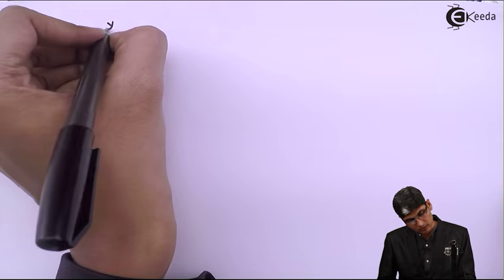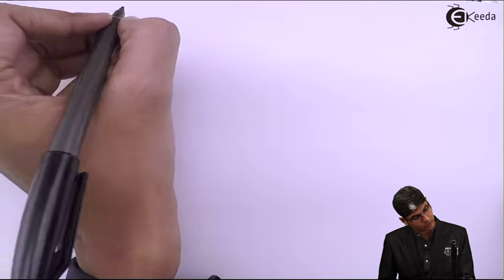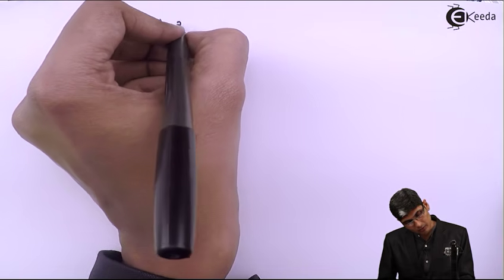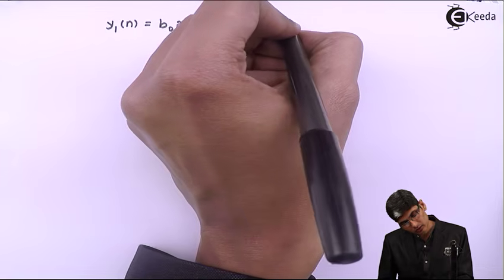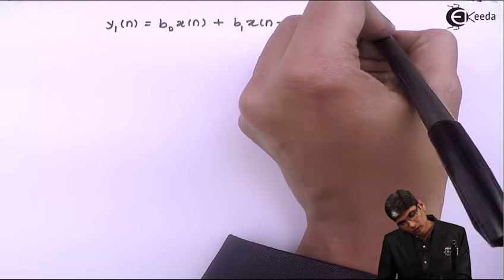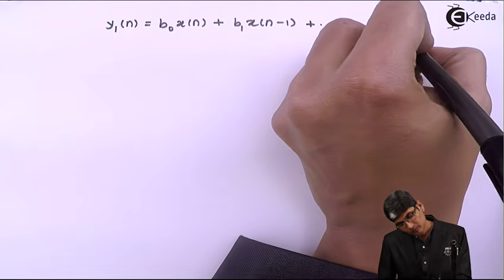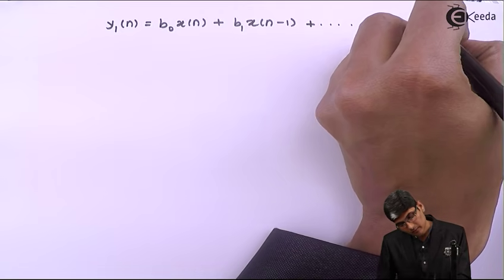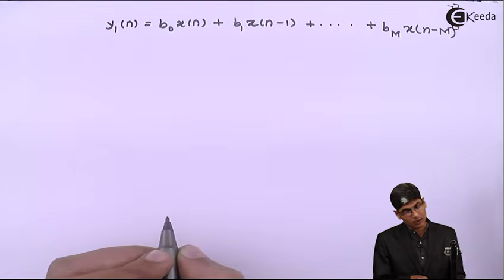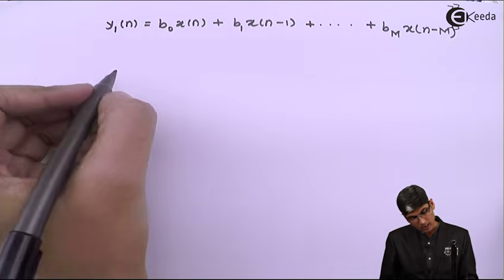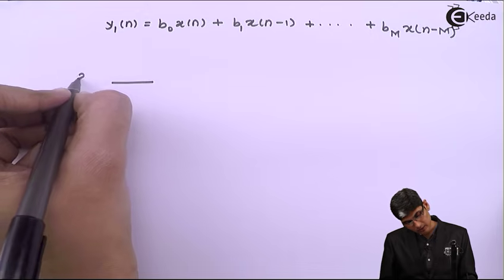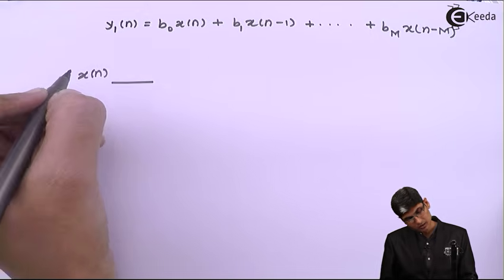Now if I wanted to make a logical block diagram of a function which is y1 of n equal to b0 x of n plus b1 x of n minus 1 plus dot dot dot plus bm x of n minus m, then I know that I want an x of n signal first.